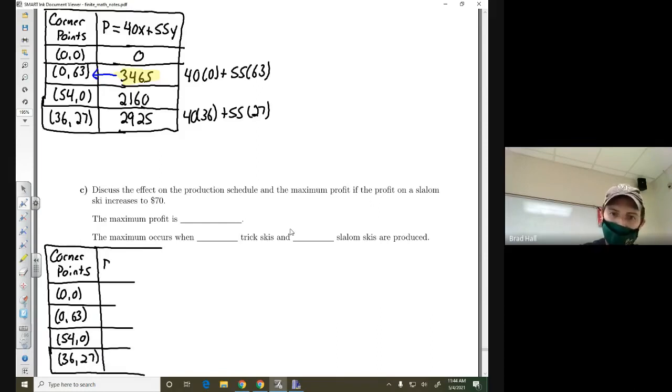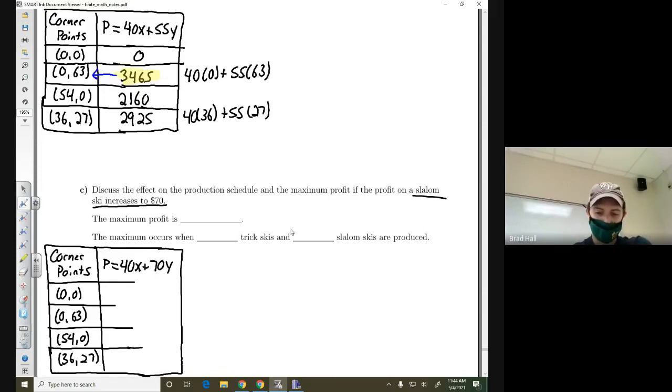And the only difference is that we are increasing the second value to 70. So it's still 40x plus 70y. Notice the slight difference yet again in the objective function, plus 70y. These two are going to actually stay the same.